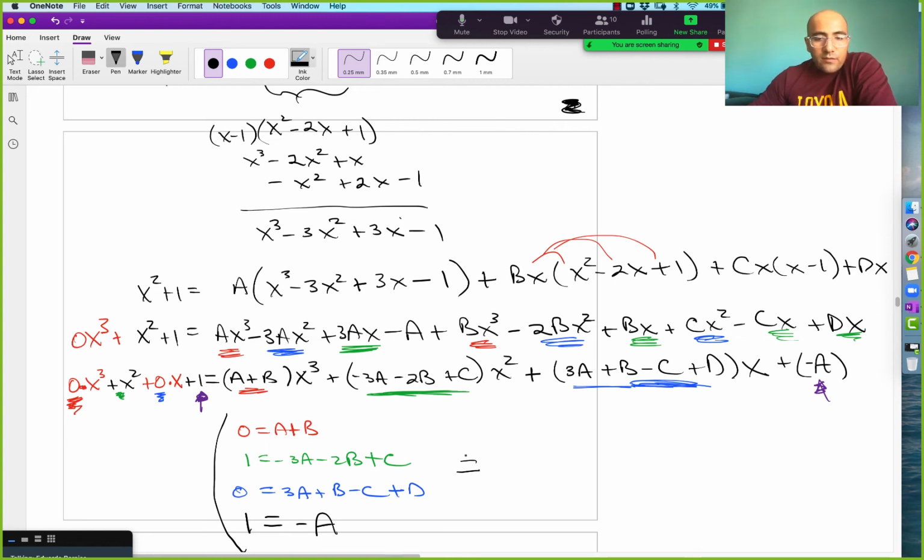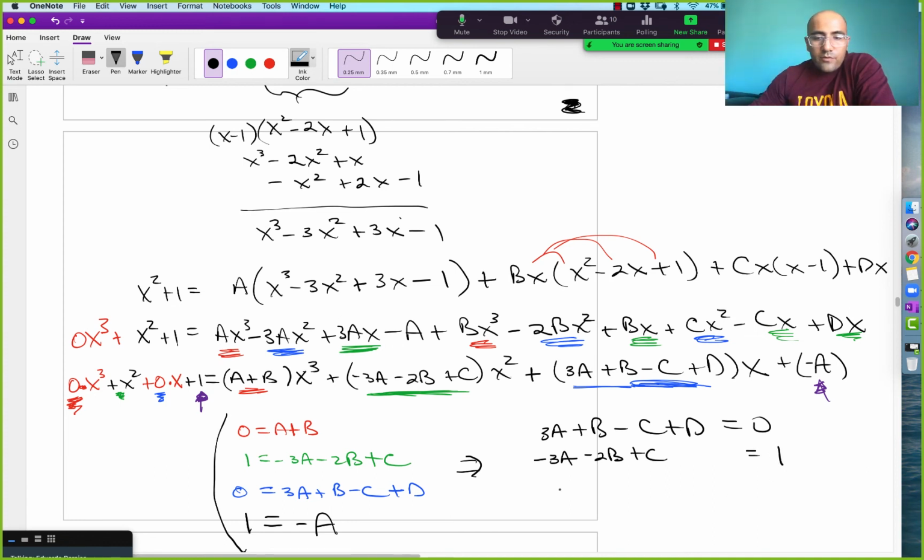We can convert this over here. I'm just going to rewrite it as 3A plus B minus C plus D equals 0, the one with all four variables. And then the one with three variables, we had minus 3A minus 2B plus C equals 1.